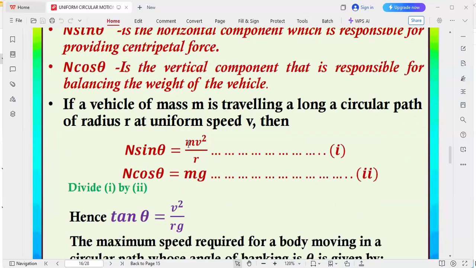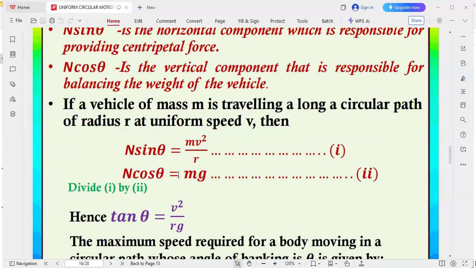Now here, we are told that n sine theta, which is the centripetal force, is given by mv squared over r. N cos theta is the reaction force, which is equal to mg. Therefore, tan theta, from trigonometry, we learned that tangent of an angle is the same as sine of the same angle divided by cosine of the same angle.